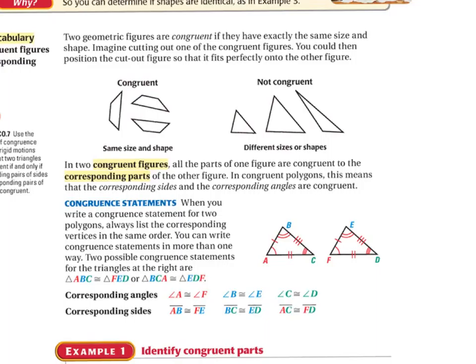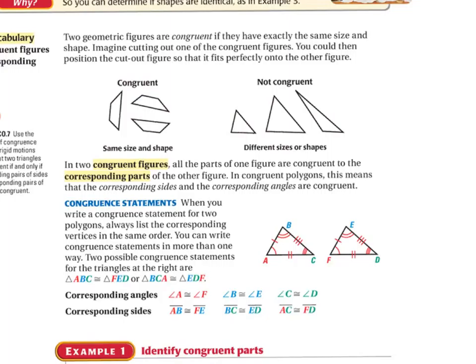So whenever you're writing your congruent statement, you want to keep that order between the two. So for this first one here, we could write this as triangle ABC is congruent to triangle FED. Okay, you can see we're keeping the same order with the angles. Angle 1, angle 2, angle 3, angle 1, angle 2, angle 3.